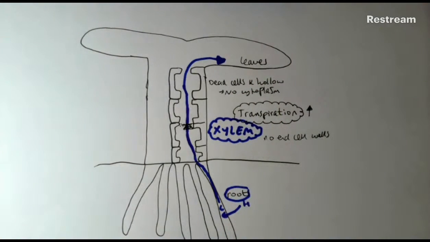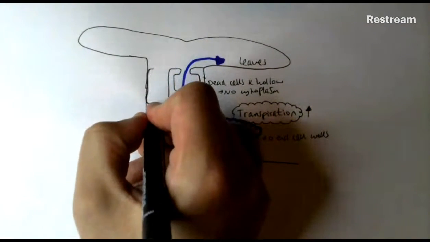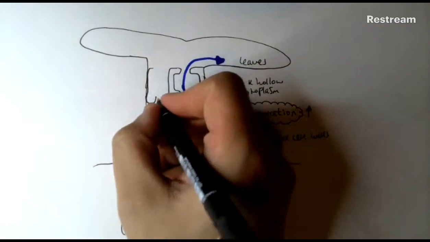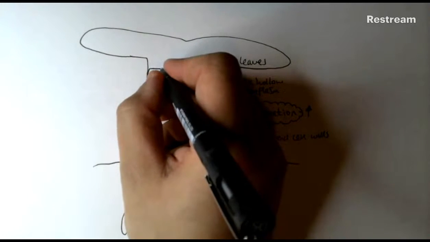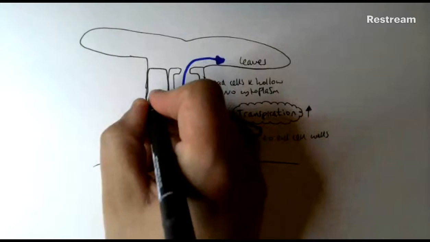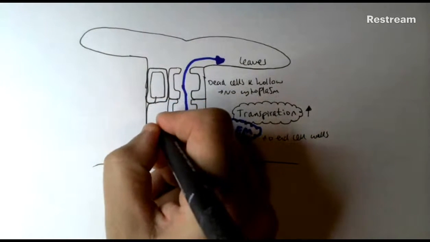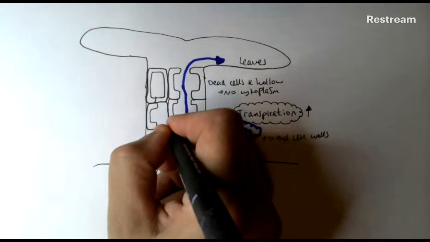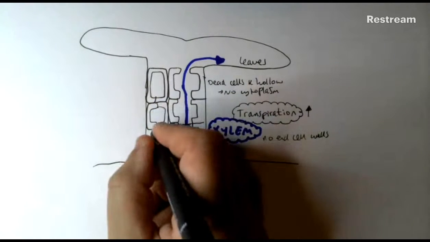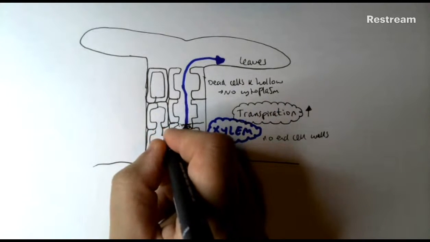Let's think about what cytoplasm would do. I'm going to draw another xylem which has none of the adaptations that we've described. This one has end cell walls, as you can see here. This one has no end cell walls. This is what a poorly adapted xylem would look like.